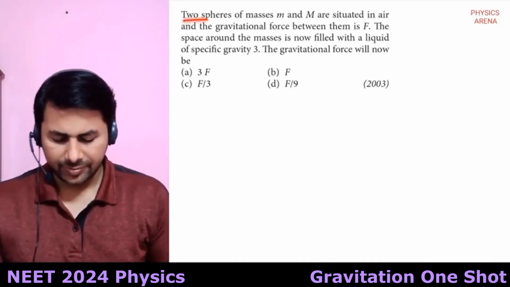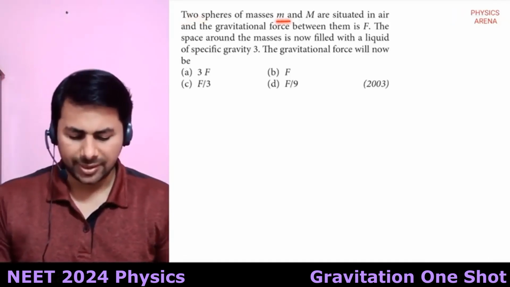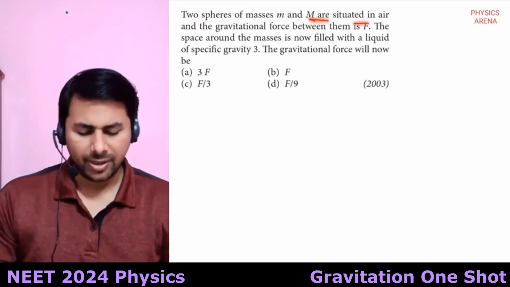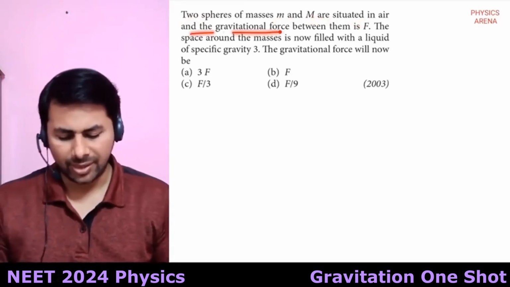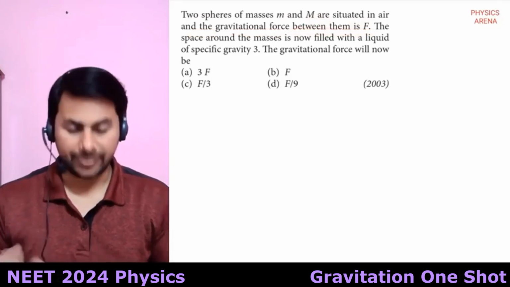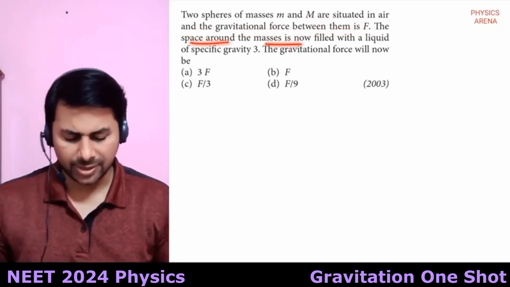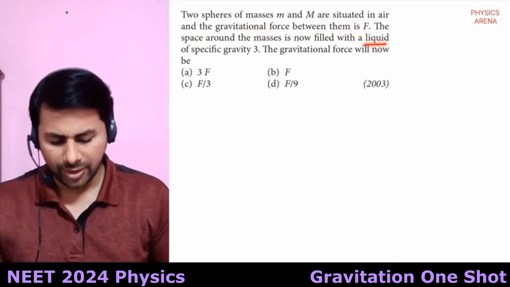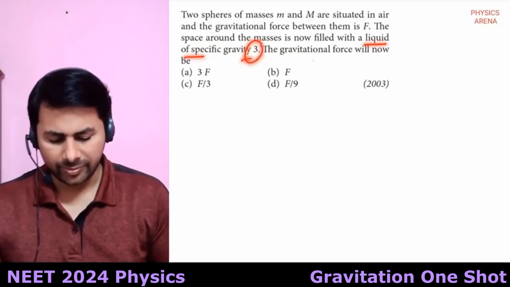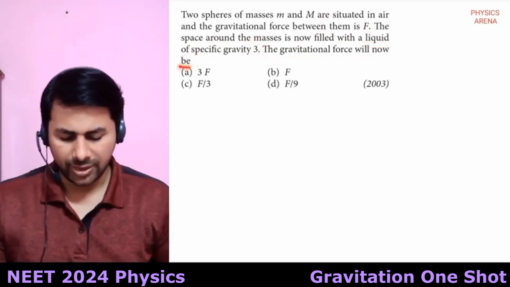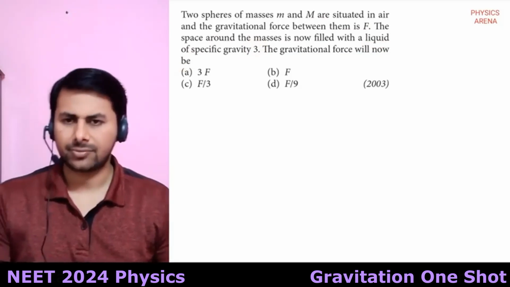All right, let's see next. Two spheres of masses small m and capital M are situated in air, and the gravitational force between them is F. The space around the masses is now filled with a liquid of specific gravity 3. The gravitational force will now be. Tell me.